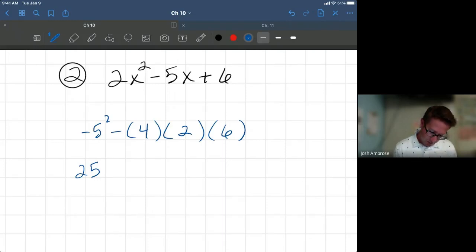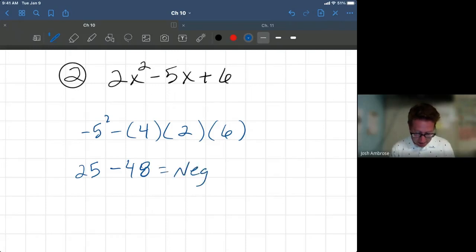Then you have 4 times 2 is 8 times 6 is 48. So that's minus 48. All right, 25 minus 48, that's going to equal a negative, which equals no solution.